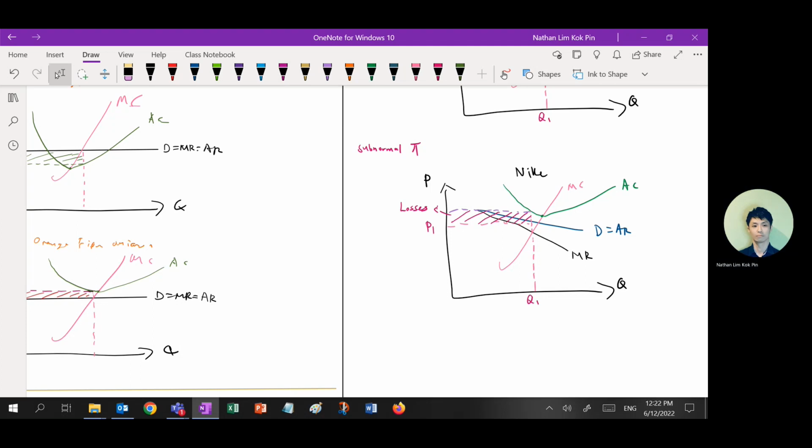Next time, go out and see which market structure this is. When you see a car, a car is one market structure. When you watch a movie, Wakanda Forever, what is this? Monopolistic.